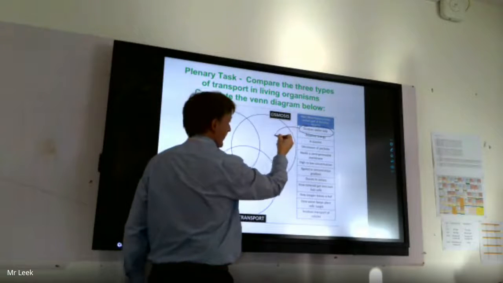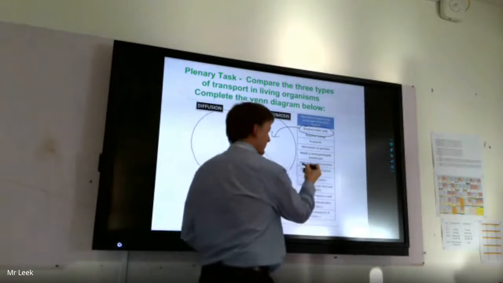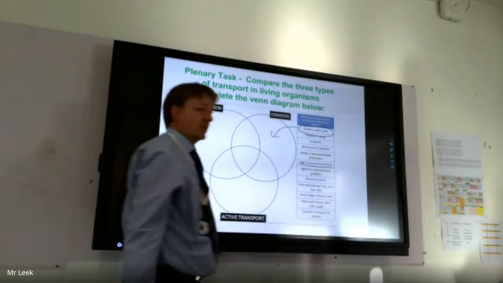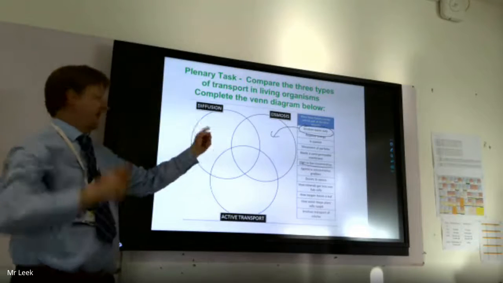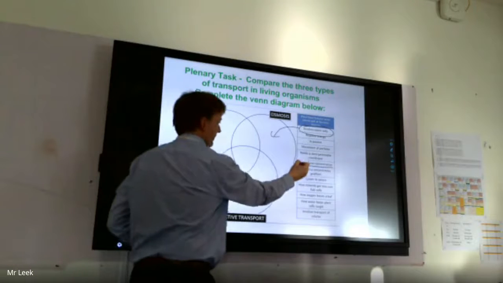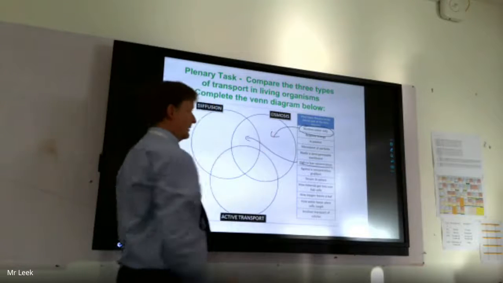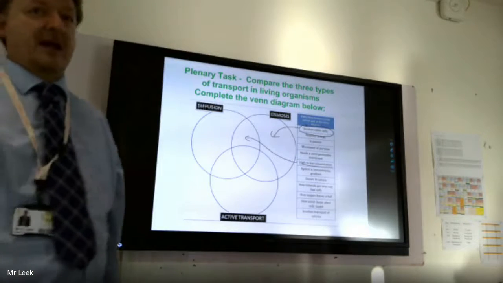So you're going to put it in that section there. If this one here, if I just underline this one, high to low concentration, it is diffusion, correct? So you put it in the middle. So that one then goes there. Okay, so it's like your Venn diagram that you may well get in maths.